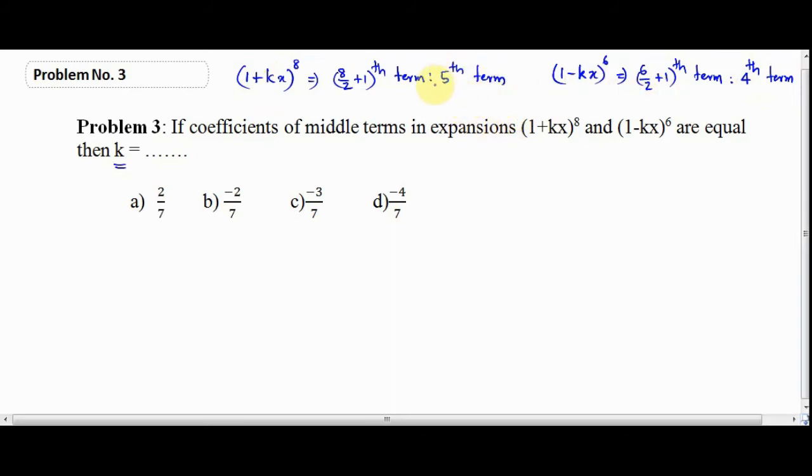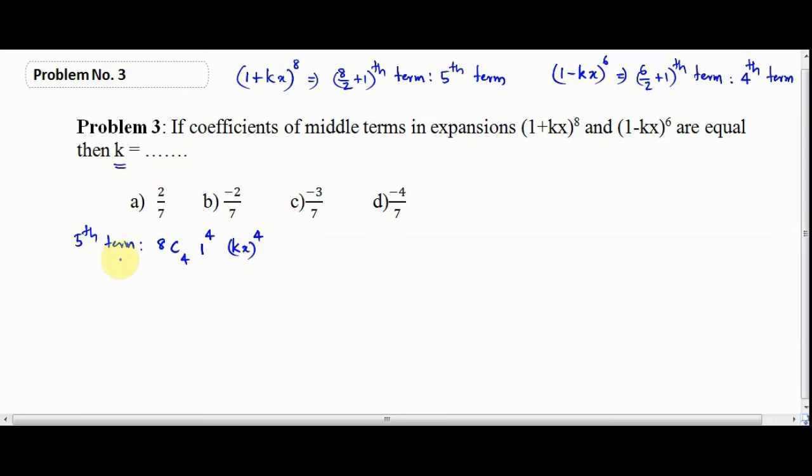So let's first calculate the fifth term in the expansion of (1 + kx)^8. It will be 8C(5 - 1), that is 8C4, into 1 raised to 8 - (5 - 1), that is 8 - 4, so the power of 1 is 4, into, in place of b we have kx, (kx) raised to 5 - 1, that is 4.